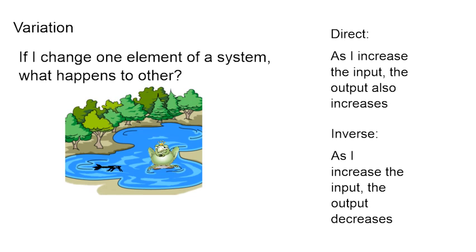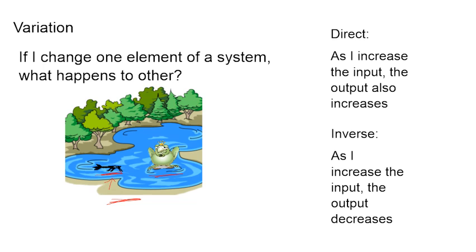Okay, so today we're going to talk about variation, and there are 2 different types of variation that we will be looking at to start with anyways: direct variation and inverse variation. So I want us to think about this idea of this pond. We have frogs, and then we also have some sort of a bug that the frogs are going to eat. So if we increase the input, so what if we increase the amount of flies?